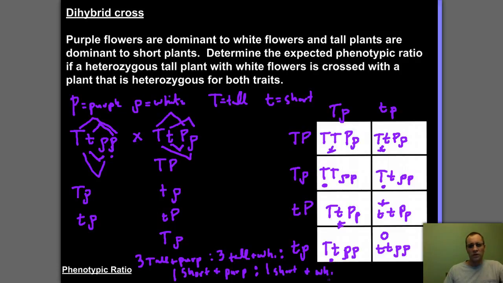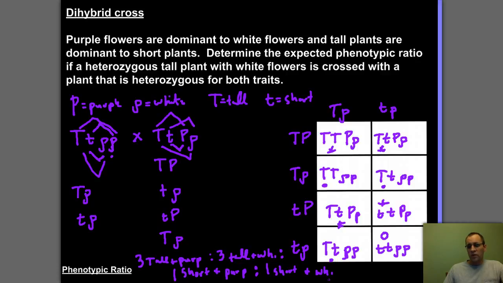Okay, could use a little more space for that, but we have a 3 to 3 to 1 to 1 ratio, and always we need to indicate the numbers in the ratio along with what the actual phenotype is. So 3 tall and purple to 3 tall and white to 1 short and purple to 1 short and white.